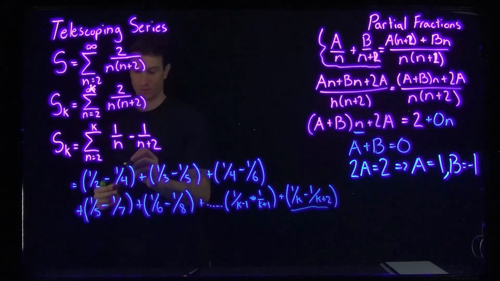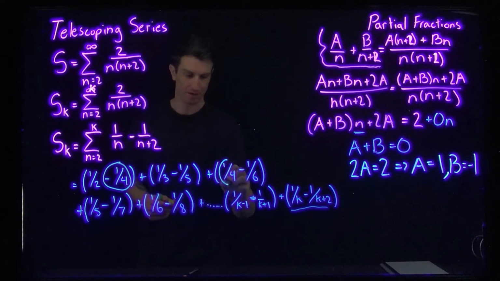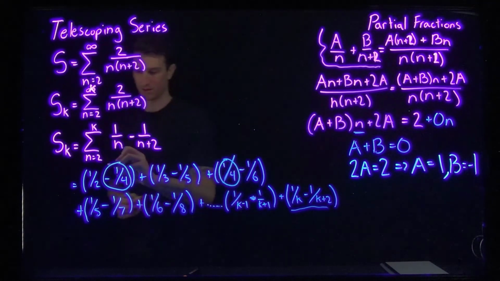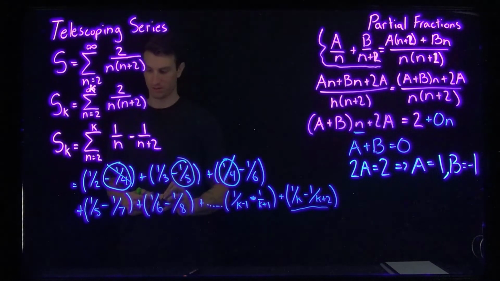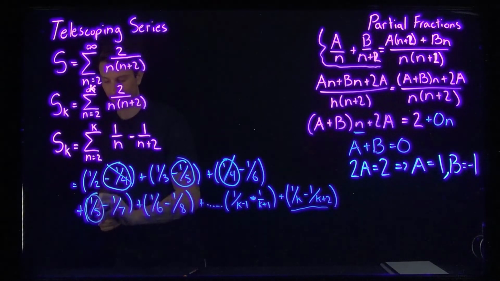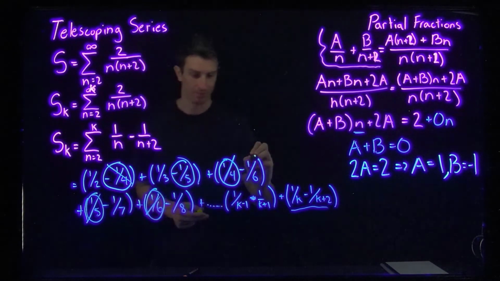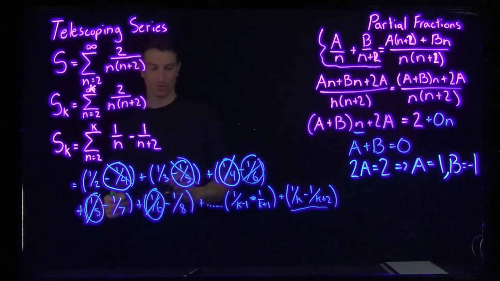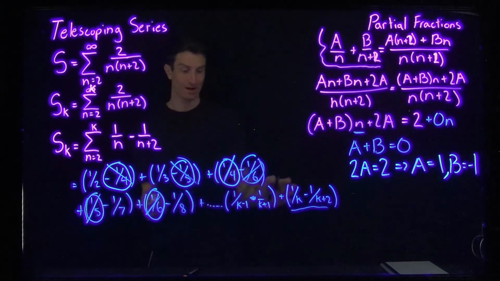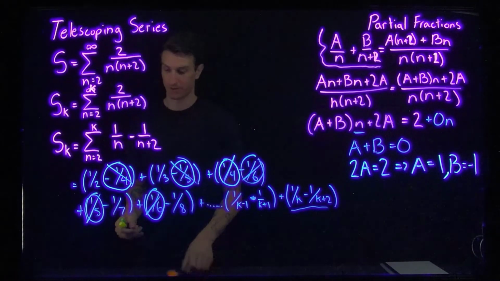What's going on here? Well, we have a 1/4, we have a 1/4, they go away. We have a negative 1/5, we have a positive 1/5, they go away. We have a 1/6 and a negative 1/6, they go away. This went away already. And so what you're going to notice is if we kept writing this, everything would go away except for 4 terms.